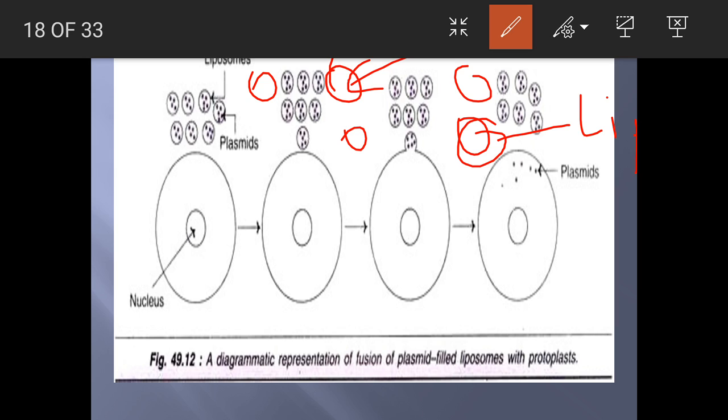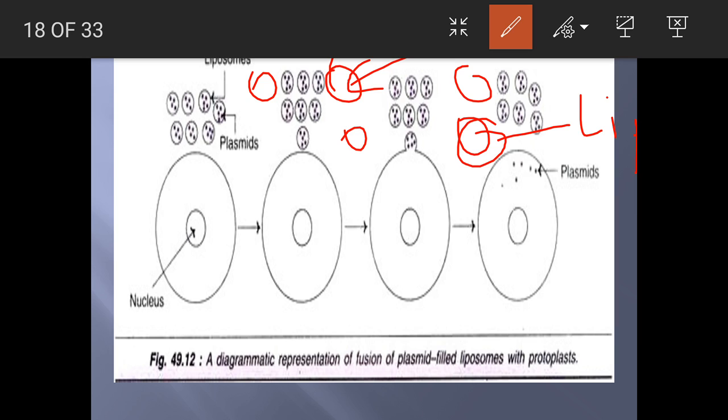The boundary of the protoplast, whether it is an animal cell or a plant cell, has only the plasma membrane, which is made up of lipids. Through the fluid mosaic model we know the cell membrane is made up of a lipid bilayer within which intrinsic proteins, extrinsic proteins, etc. are found, which we all studied.